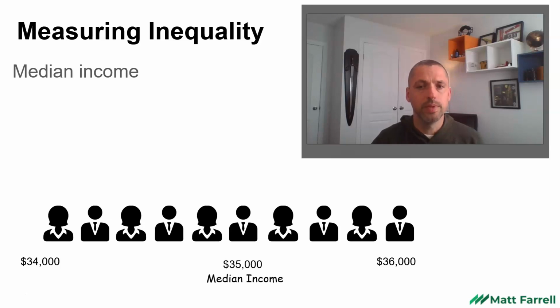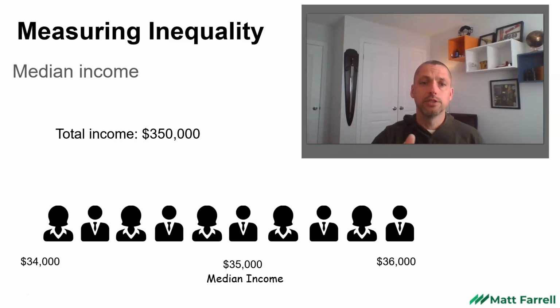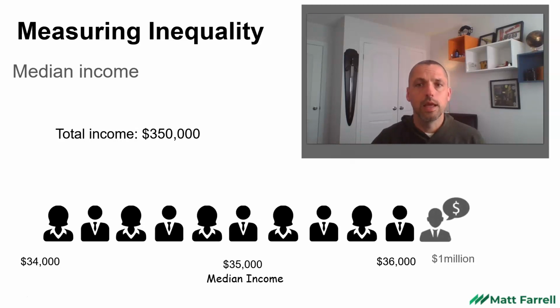That puts our median income, our average income, at $35,000. It would be the mean in this case, but it's also the middle, the midpoint. The median is $35,000. Now, the total income in this population, let's say, is $350,000. So it gives us an idea of how that total income is divided amongst these 10 individuals. And it's relatively equal. However, that can change.